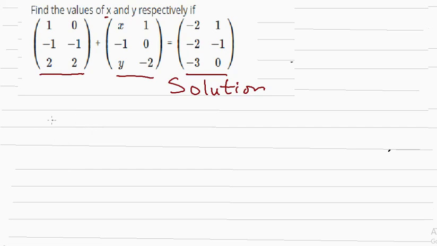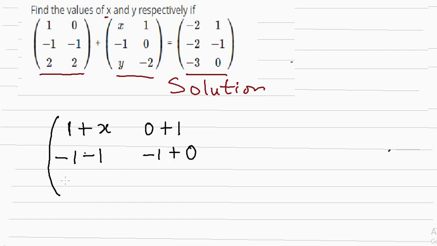So we add the element in their various positions. So I'm going to have 1 plus x. Then, of course, 0 plus 1. Here I'm going to have minus 1, of course, plus minus 1. Minus 1 plus minus 1, which is still minus 1, right? Then for this, I'm going to have minus 1 plus 0.